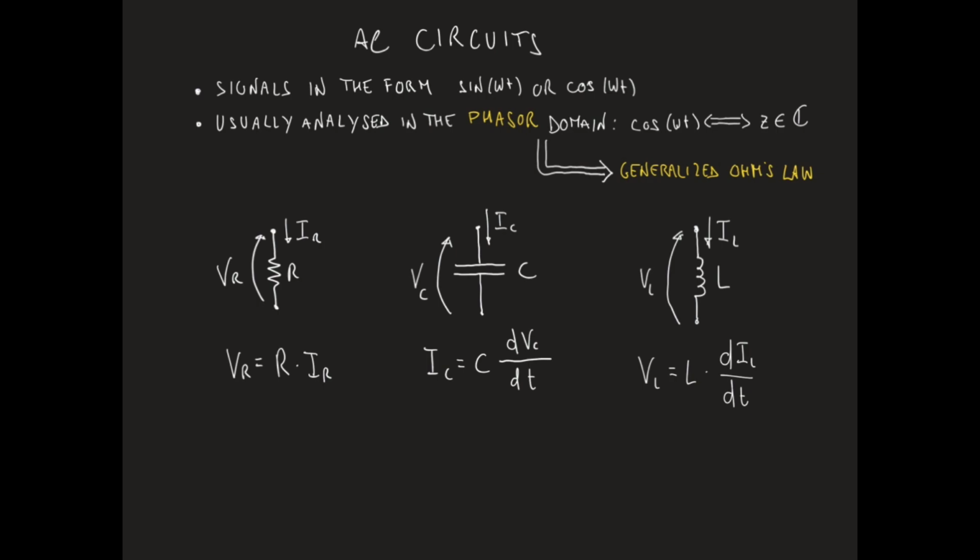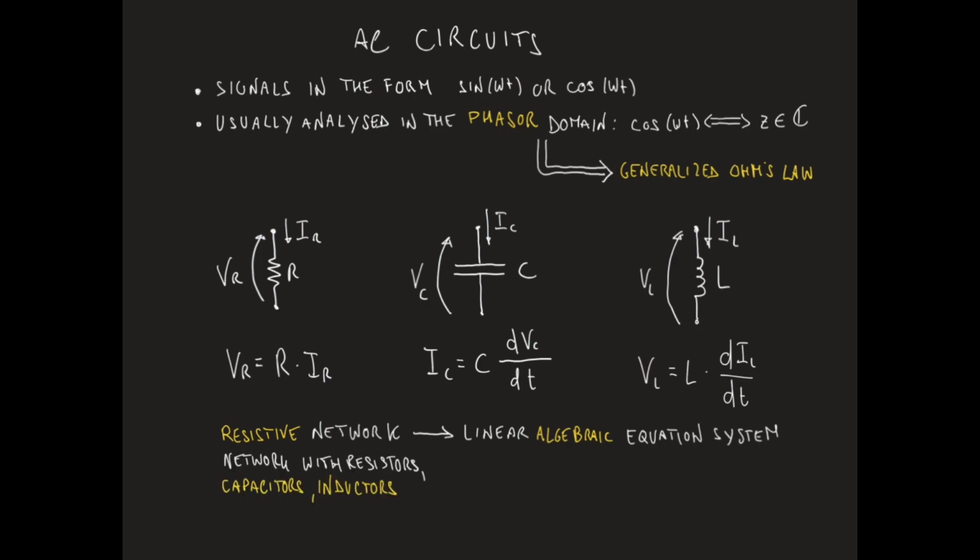In general, solving a resistive network, which means finding all the currents in the branches and all the voltages in the nodes in that circuit, requires solving a system of linear algebraic equations. In case the network includes also capacitors and inductors, we will need to solve a system of linear differential equations, which is typically a tougher task than in the case of a system of algebraic equations.